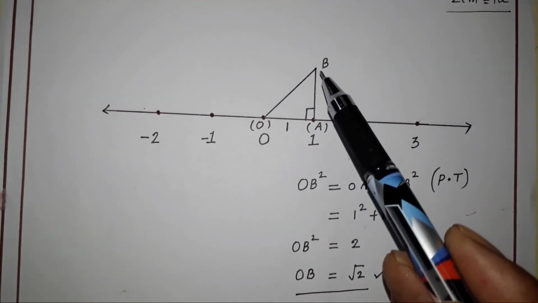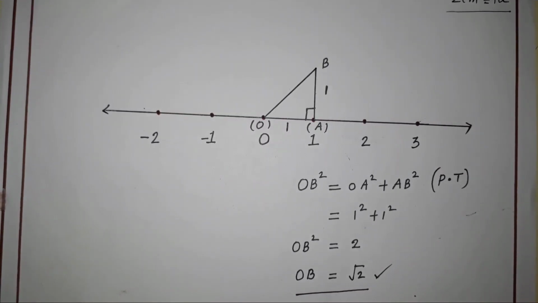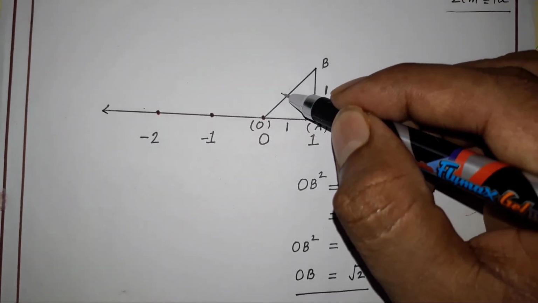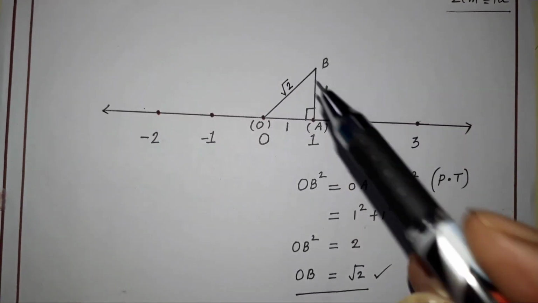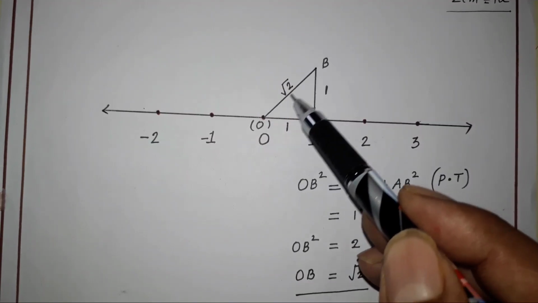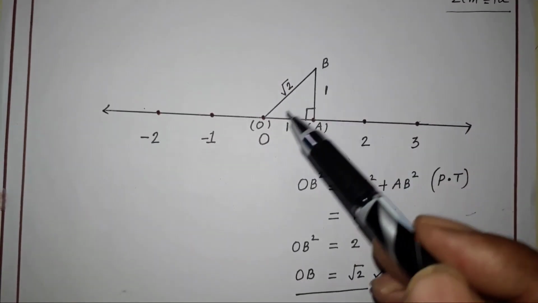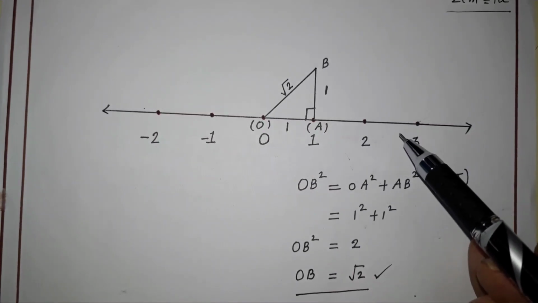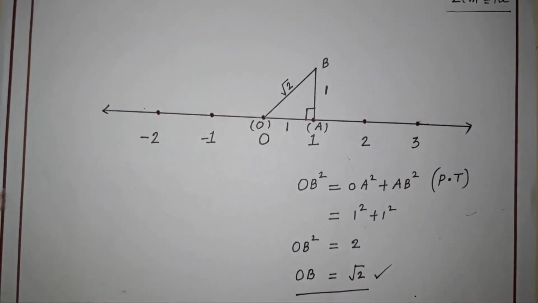So in this right angle triangle, apply the Pythagoras theorem. OB square is equal to OA square plus AB square. OA is 1, OA square is 1 square, AB square is 1 square. That is equal to 1 square plus 1 square, 2. So OB is equal to root 2. This OB distance we got is root 2 units. So this length we have to show on the number line which represents root 2.